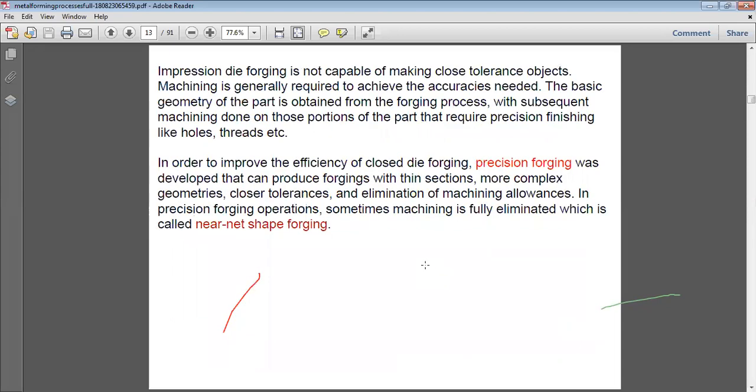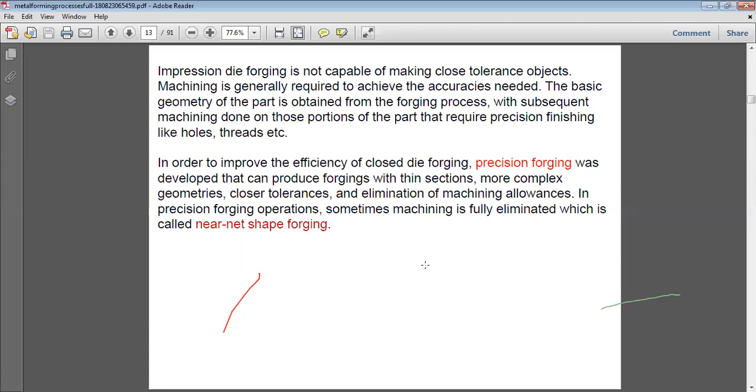Then, impression die forging is not capable of making close tolerance objects. Clear? So when we are talking of close tolerance objects, impression die forging is not helpful in this case. Machining is generally required to achieve the accuracies needed. The basic geometry of the part is obtained from the forging process, with subsequent machining done on those portions of the part that require precision finishing, like holes, threads, etc. So what we do is make a cavity, or generate the overall shape of that particular product.